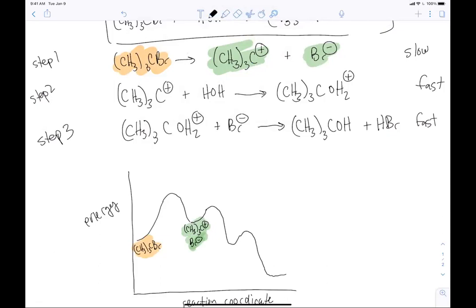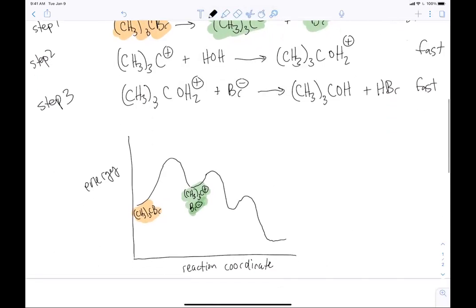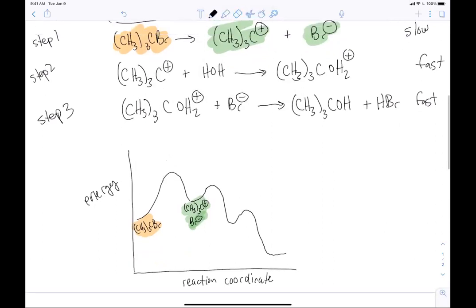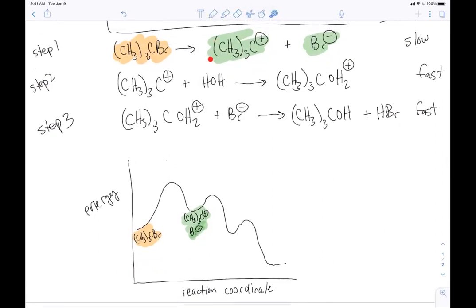This is an intermediate. Since we've already talked about intermediates, I don't have to define that. But the intermediates in your reaction mechanism show up in the local minima on these graphs. Whenever you hit a trough where it's not the product or the reactant, you have an intermediate there. So this is an intermediate and this is an intermediate.